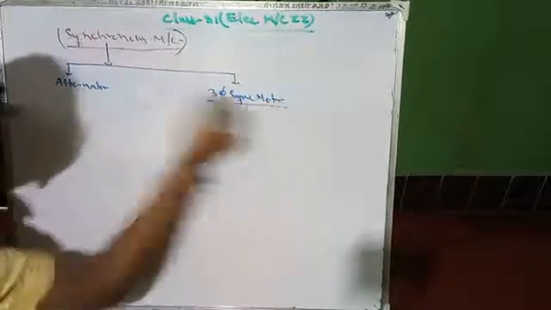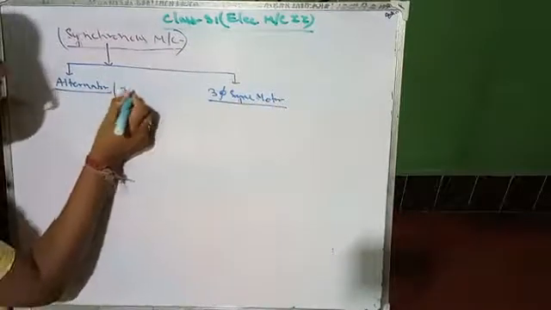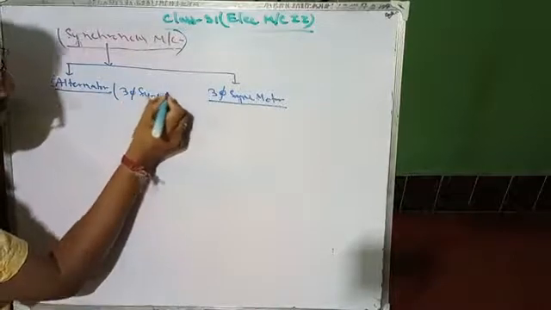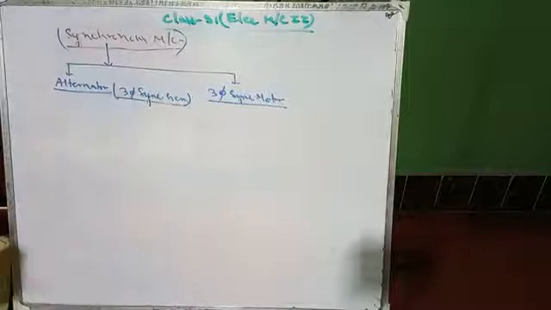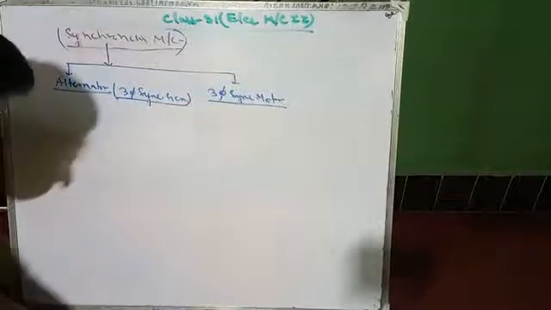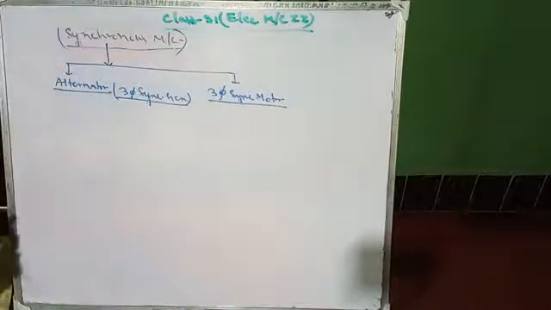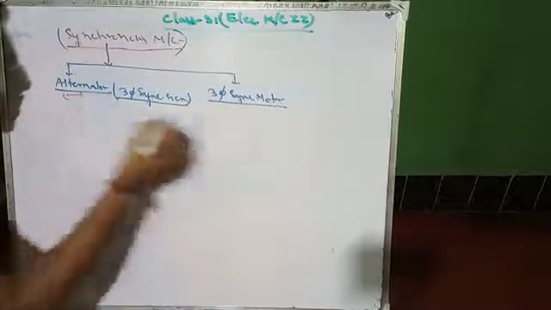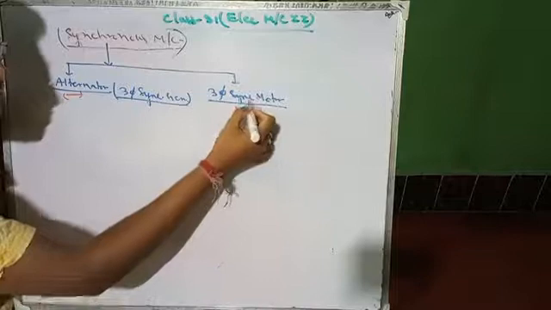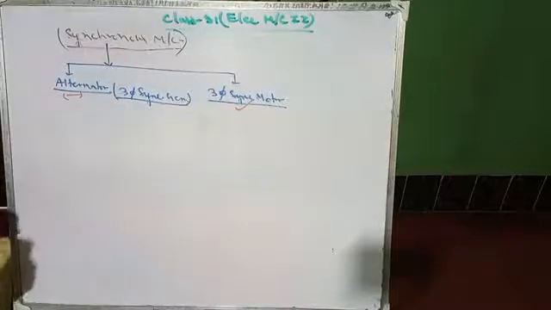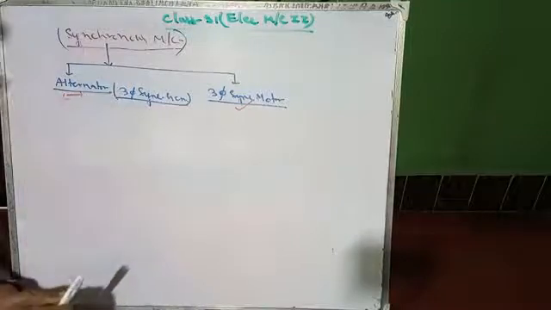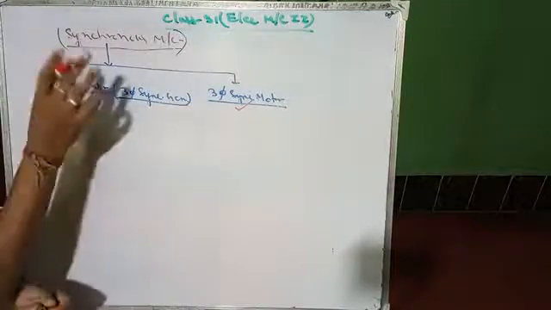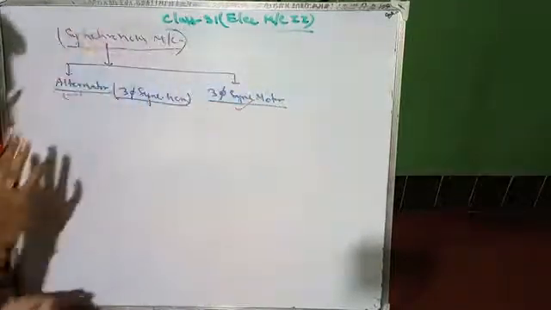Alternator means three-phase alternator or three-phase synchronous generator. I will start with the alternator first, and after completing it I will move on to the three-phase synchronous motor. This total module requires at least 15 or 16 classes, so today is class number 1 for the synchronous machine concept.